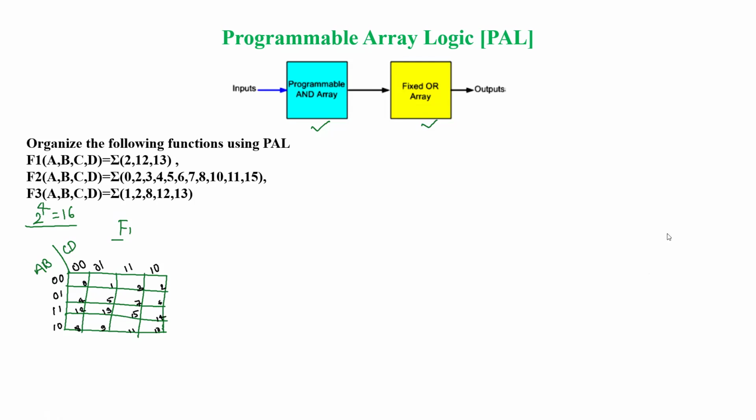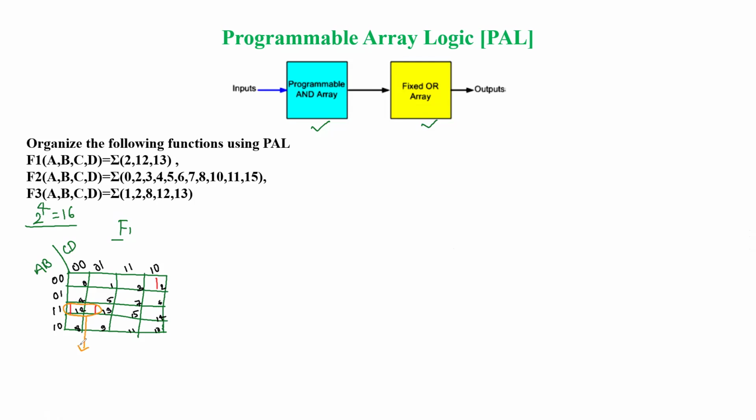Now we are going to locate the given min terms. For the function F1, we have 2, we have 12, and whatever terms are given we write them, then 13. Now in this we have to make the combinations again. If you see, one pair is available.